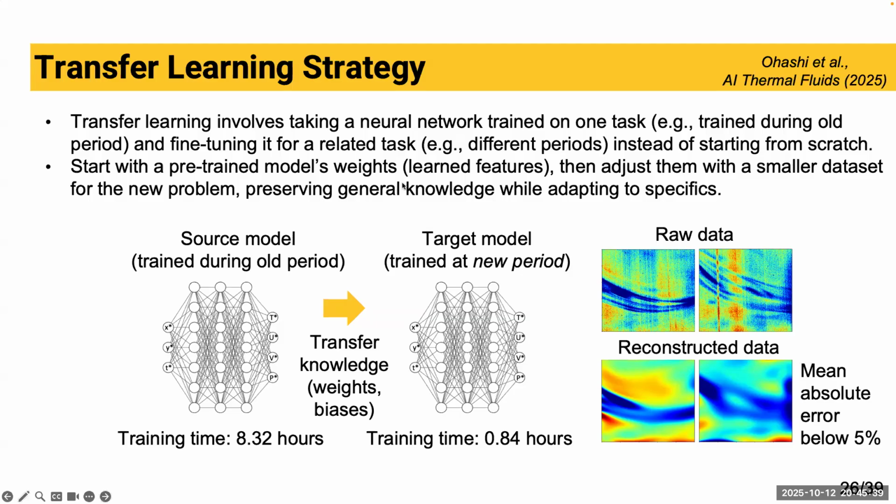Similarly, a neural network can learn very fast if it has been trained on the first problem and is trying to solve a similar problem next. In this case, the training time was reduced by 10 times. So think about it, if you do this process over and over, the training time will reduce further.